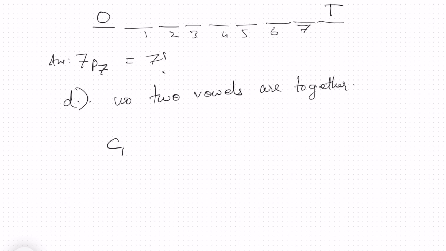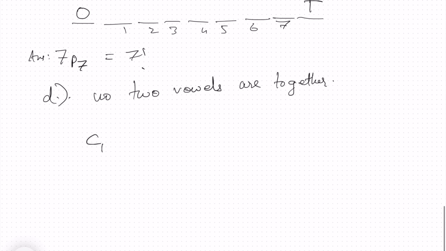In the given word algorithm, there's 6 consonants: C1, C2, C3, C4, C5, C6. You can imagine that between these consonants there are gaps, and before or after. So these are the gaps. The blanks that I've written, these are the gaps.